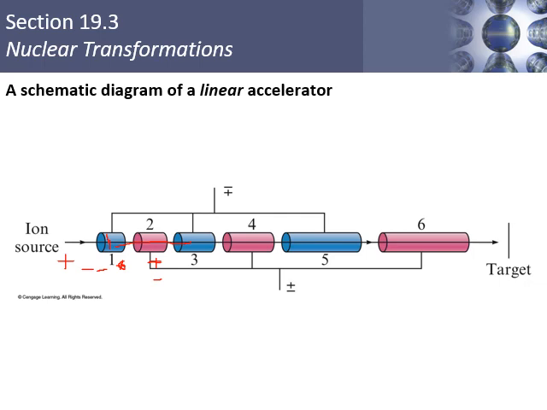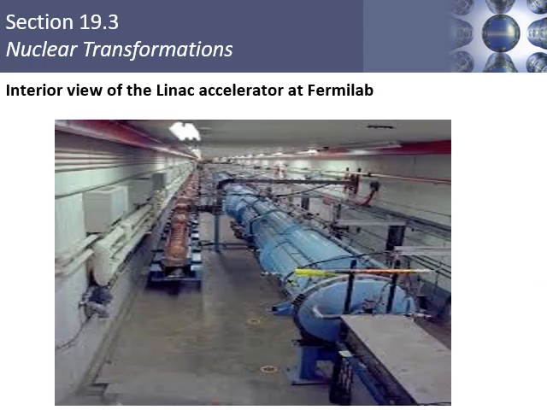Next slide. Oh, I didn't mean to do that. So what you saw for just a split second there was Fermilab, and that was a picture from above it. It was in the shape of a huge circle that's like, I don't know, kilometers long. But that's actually not a cyclotron, it's a linear accelerator, and this is what it looks like on the inside. You can see they just have a very gentle curve, but it's still linear.